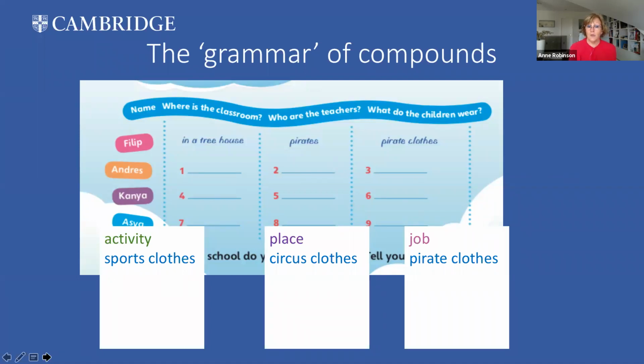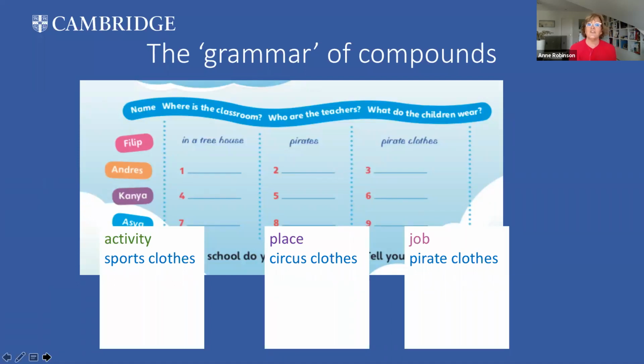So again, you can do a brainstorm in class, get your students to think of different words that they could put in front of clothes to talk about places, for example, or a job as another example, or activities. Yeah, so dance clothes, fishing clothes, what do you wear when you go fishing?